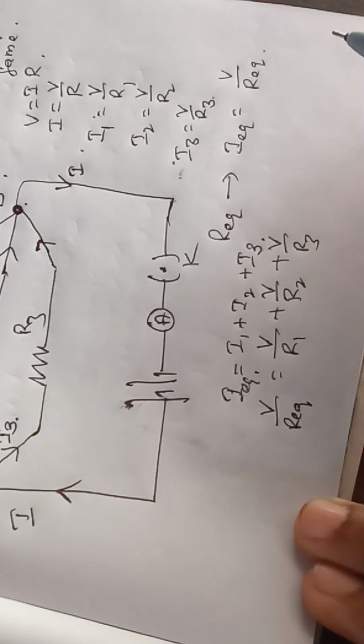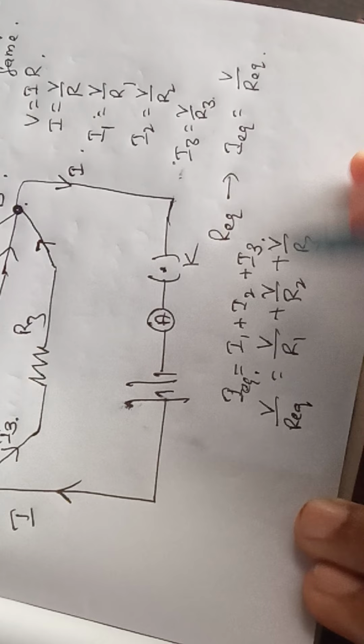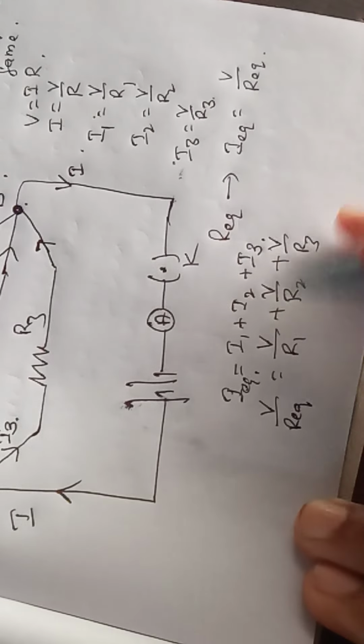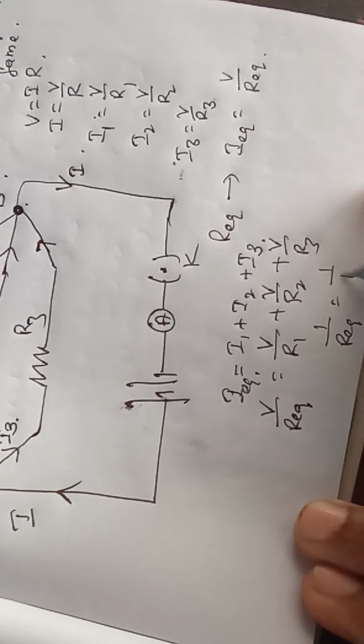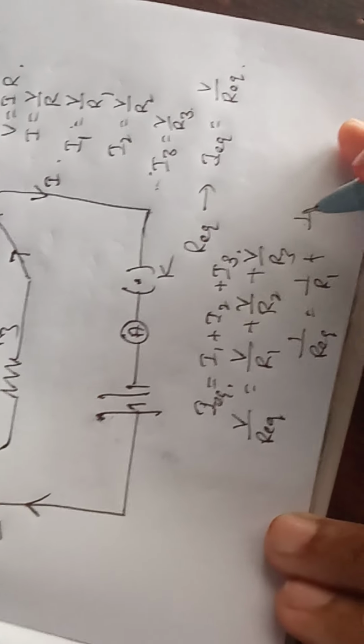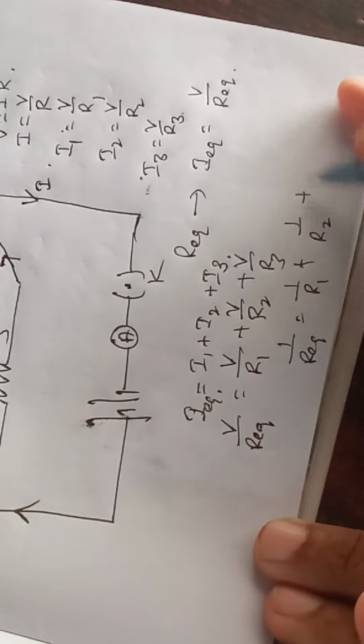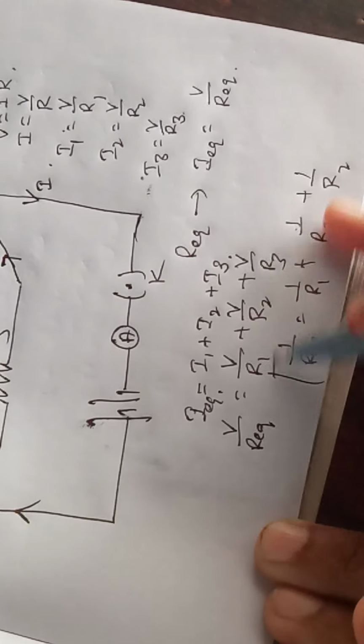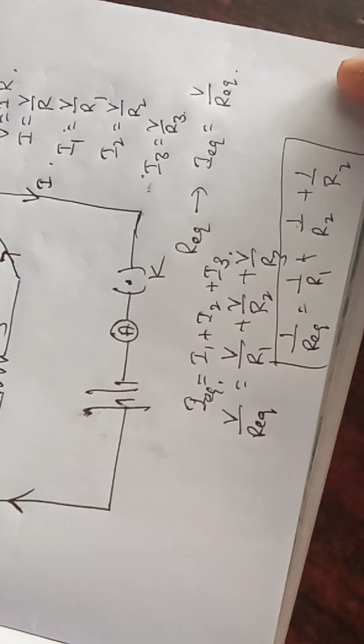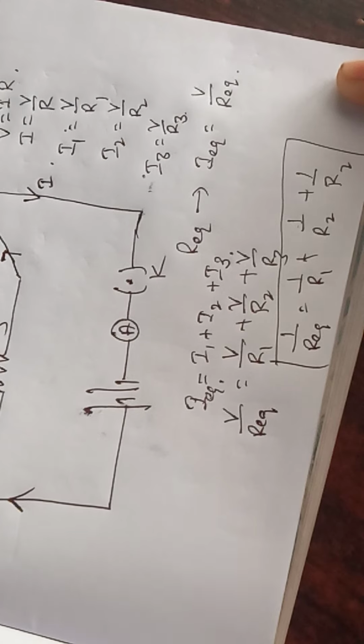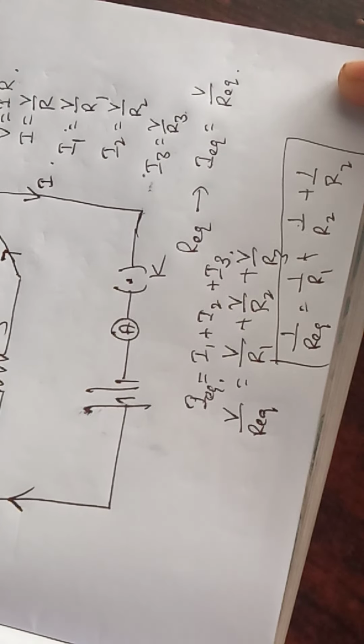Now V we can strike off, so 1 by R equivalent is equal to 1 by R1 plus 1 by R2 plus 1 by R3. So this is the value of resistors when connected in parallel, right?